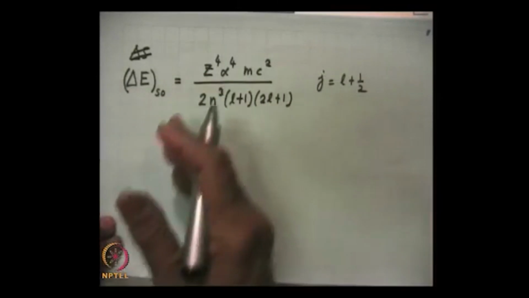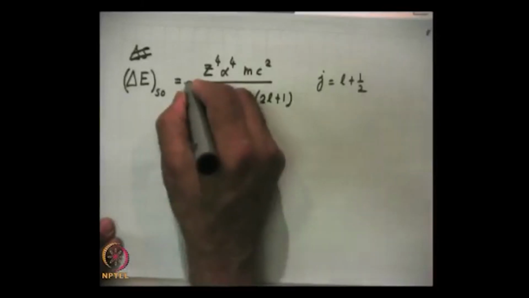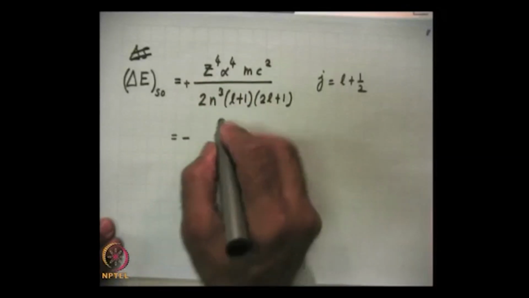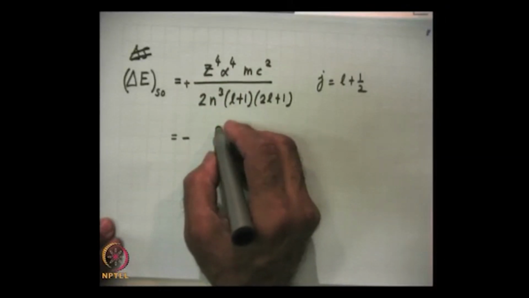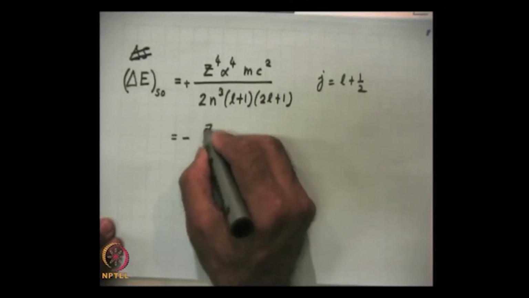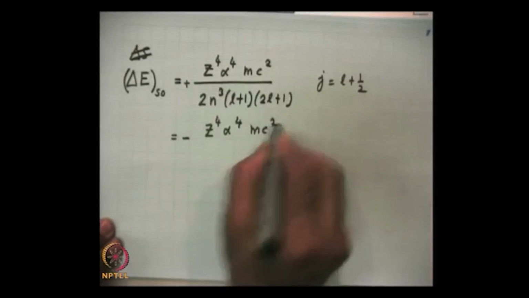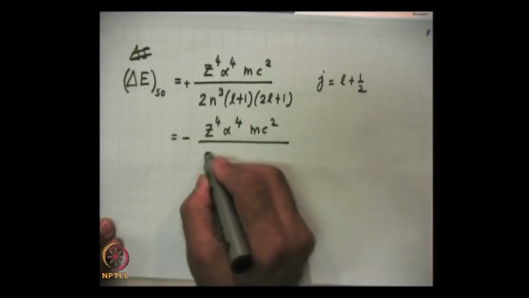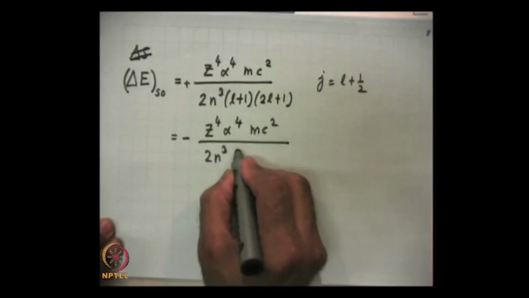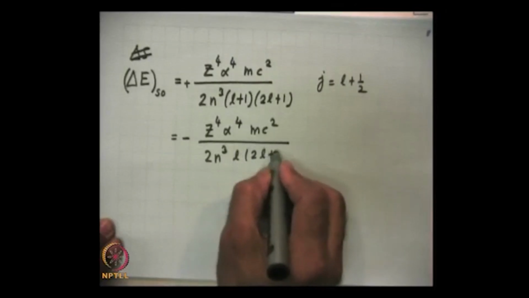If you add this, so the second expression, let me write it down, this is a positive, and the next, as I mentioned, for j equal to L minus half, this becomes z to the power of 4 alpha to the power of 4 mc square divided by 2 n cubed L into 2 L plus 1.